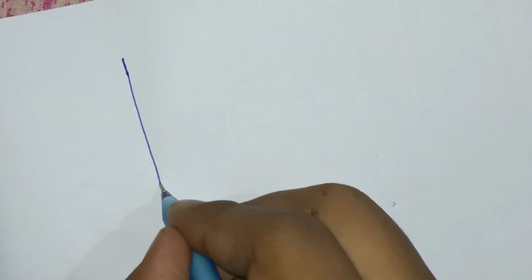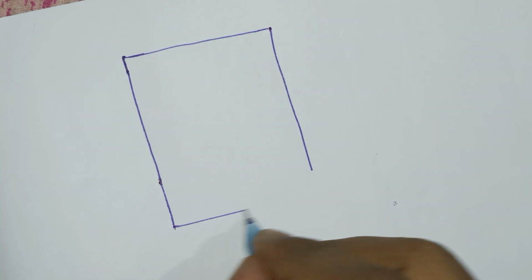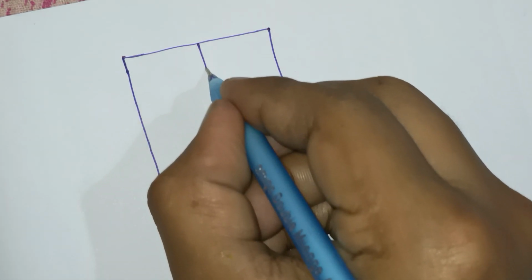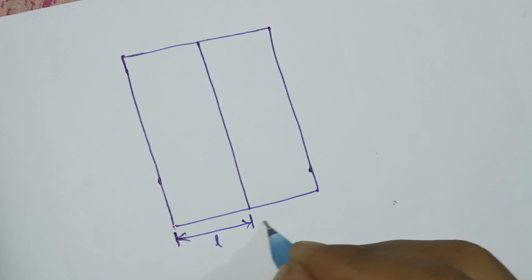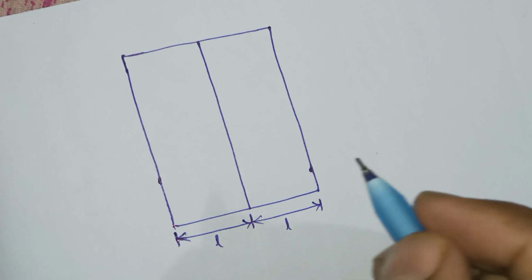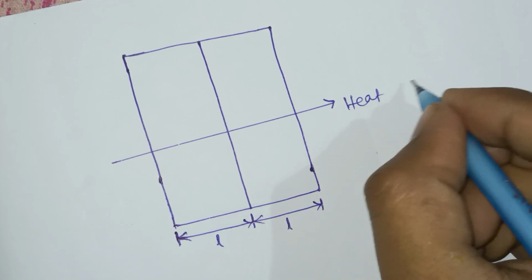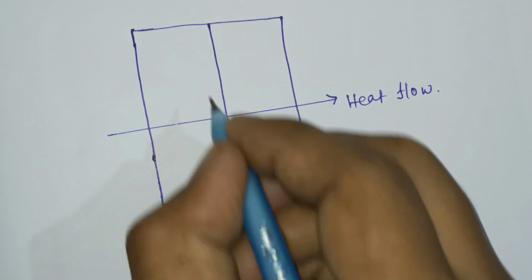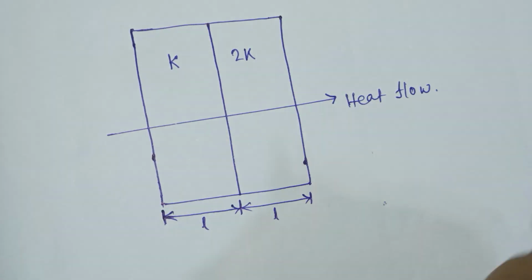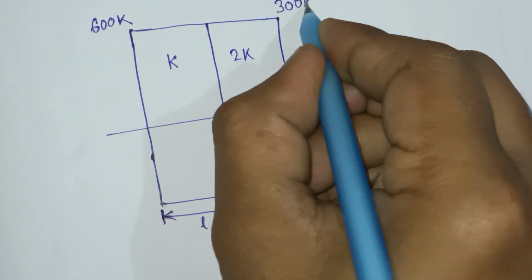So for question number 30, if you draw the diagram, this is one plate of length L, and here this is also L. The thermal conductivity is K here and 2K there, with a heat flow through the wall. The temperatures are 600 Kelvin and 300 Kelvin.